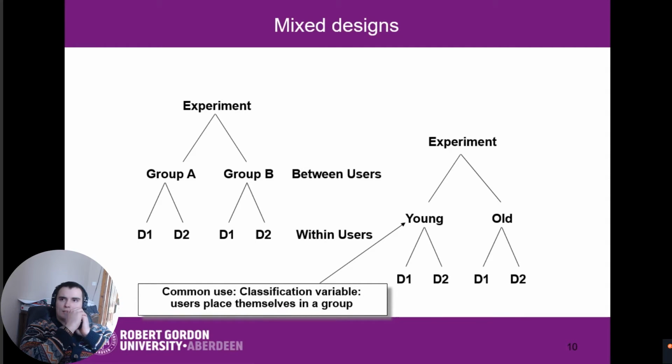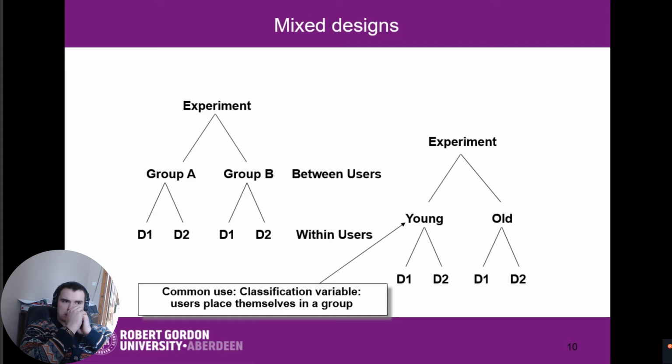this is something I want you to do today, which is to produce factorial diagrams. This is what this is called, by the way, a factorial diagram. And this shows you the components of an experiment. There are two experiments here, and these are called mixed designs, because in the one on the left, you've got two groups, group A, group B, and then these are split into two, D1, D2, D1, D2, and that's within users.